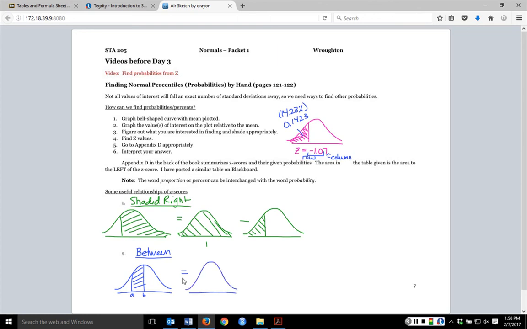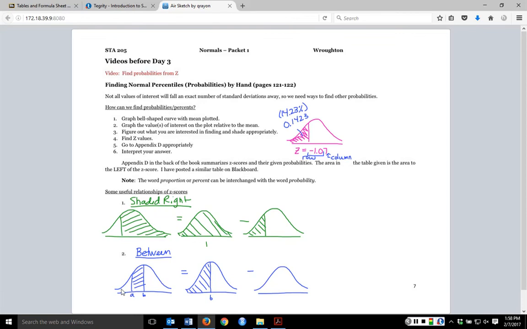So the first thing I'm going to do is start with looking at where my B is. And if I go to the table and look that up, I get everything to the left of it. Now if I compare this picture to this one, what I can tell is this one has more shaded than this one. So what's going to tell me is I need to subtract off something, so I have too much.